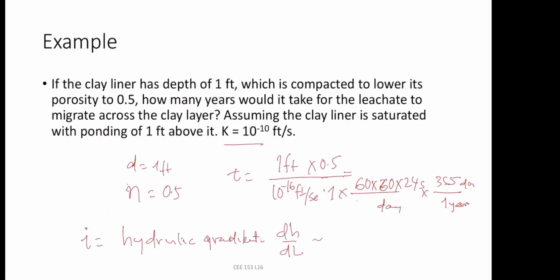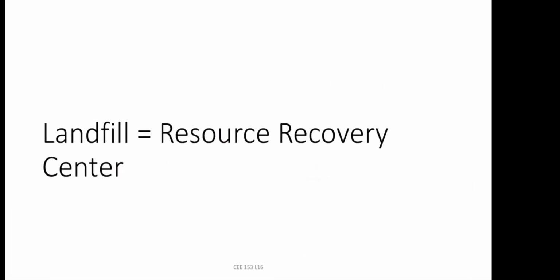That's why it's usually equal to 1 in a vertical transport. Again, this just takes many years. You'll get something like 365 or 300 or 400 years, which is pretty much the time all the contaminants will degrade anyway, so you don't have to worry about that leachate transport.